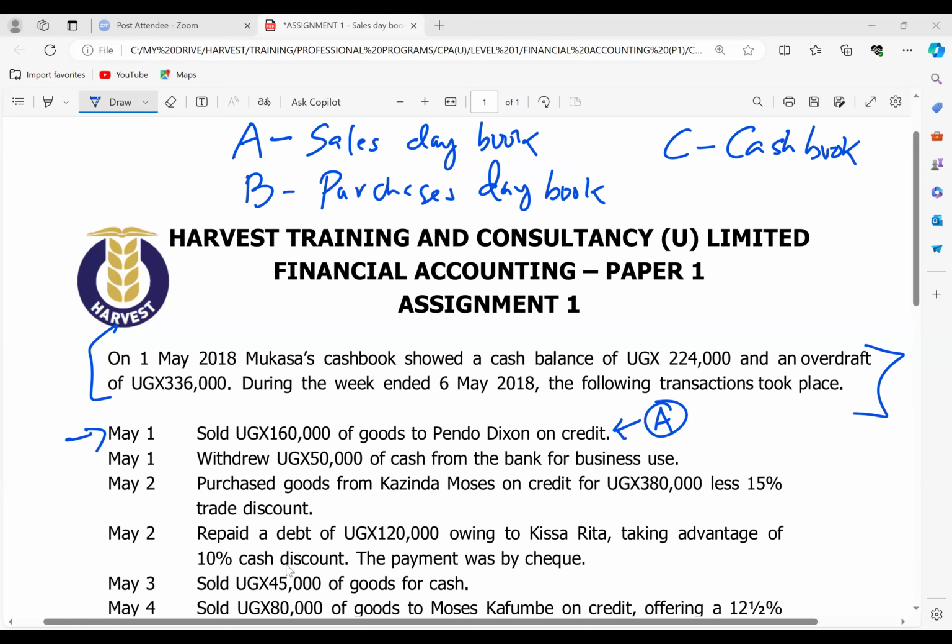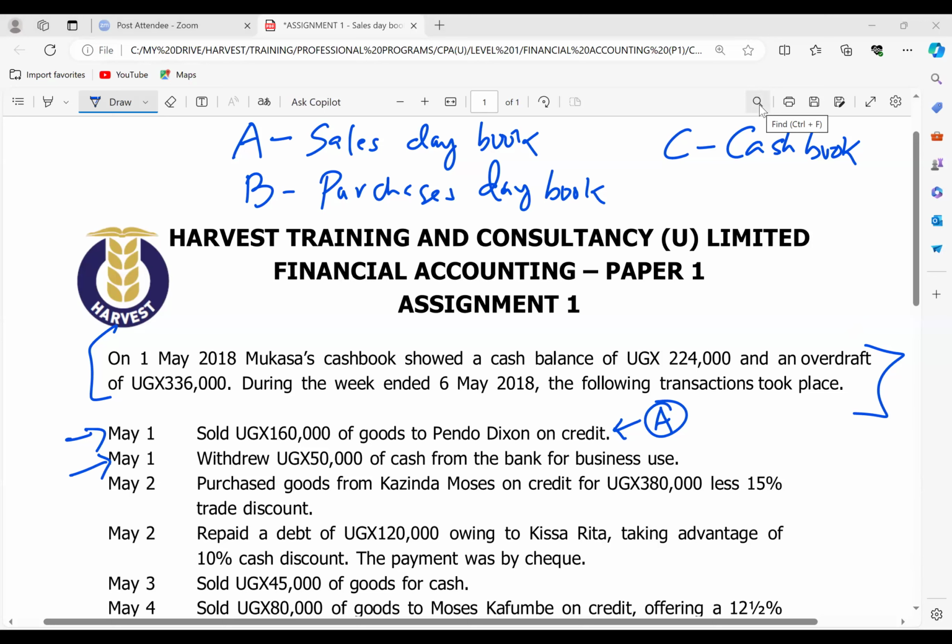Next, we go down to Esther Kutesa. Unmute yourself. You read the 2nd May. May 1st. Withdrew Uganda shillings 50,000 of cash from the bank for business use.